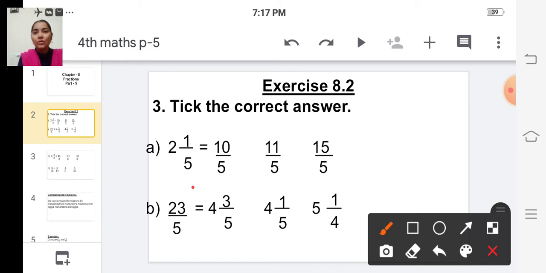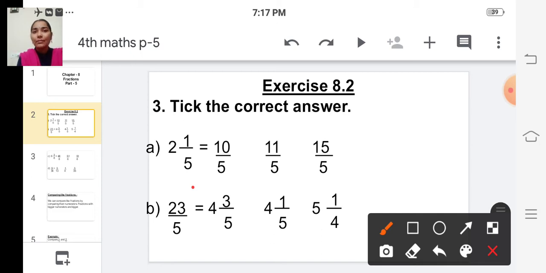If there are, first we have to cancel out the common multiples. Then only we have to divide. And what is the format for writing mixed fractions?